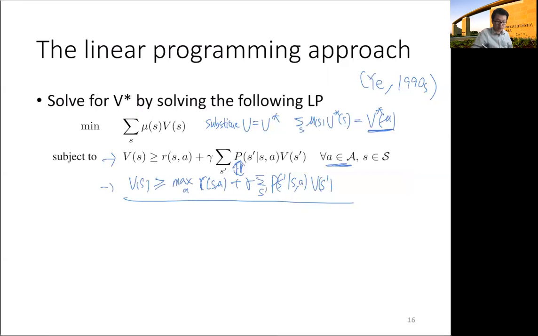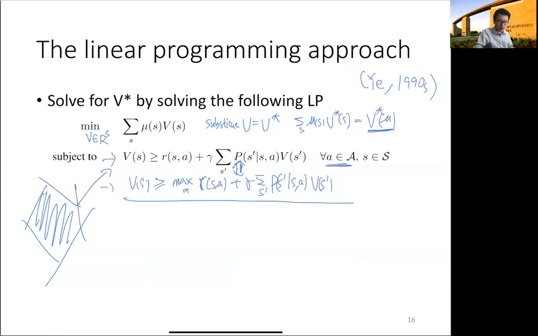The variables that we're minimizing over are the V function, where V is in R to the S. They satisfy this set of constraints, which carves out a weirdly shaped polytope. This is the feasible region. And we're minimizing this quantity because we actually want to find the V such that all these hold with equality rather than greater or equal.